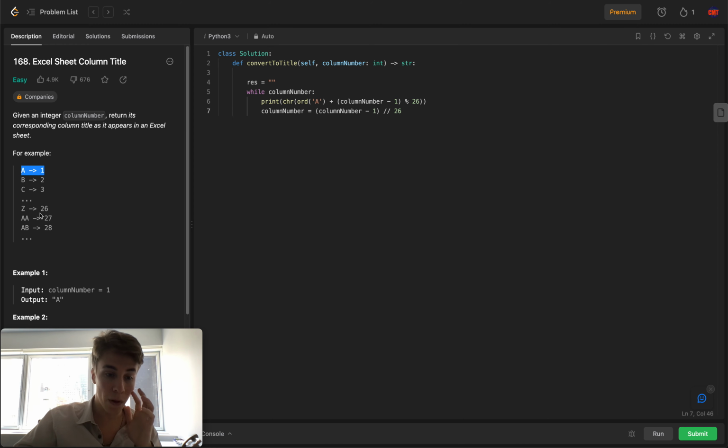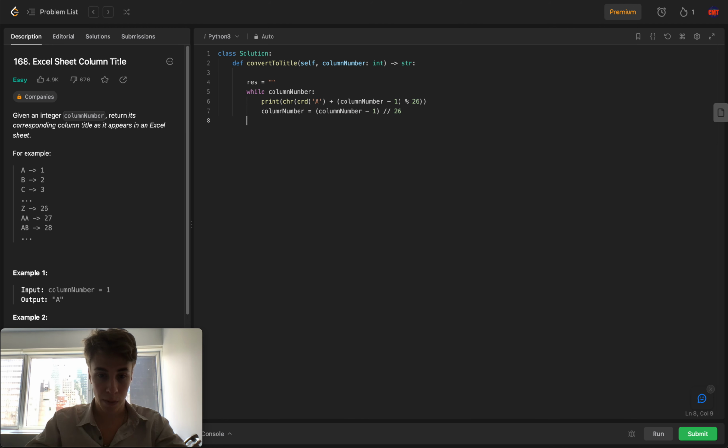Prints A. Well, then I'm left with 1, which is actually 0. So 26, right? And then 26 divided by 26 is 1.